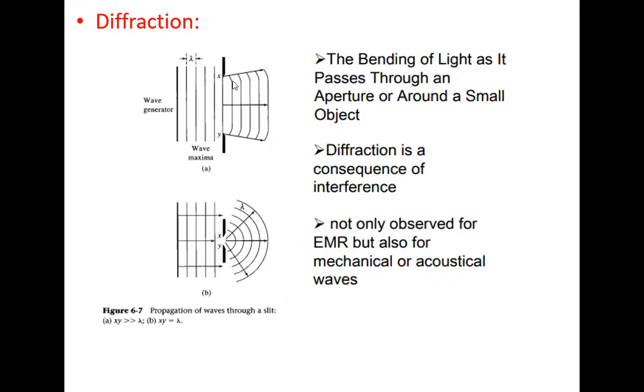If you shine light through a small aperture into a room, you're going to see this. So that's what diffraction is. Diffraction is the bending of light as it passes through an aperture or around a small object. Now, diffraction is a consequence of interference.